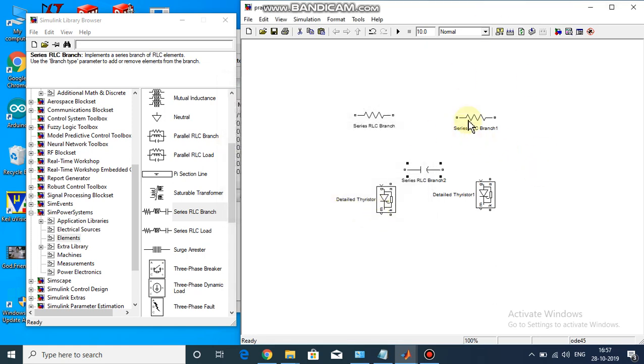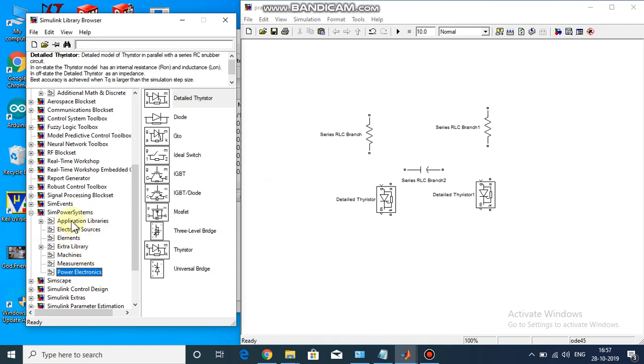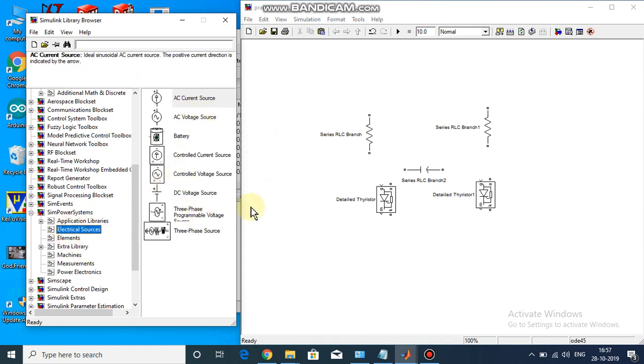Okay, and again Ctrl R, and we are done with the basic circuit elements for now. All we need is a source, so we'll go for electrical sources. Remember that if you do not find any component, just search for it directly in the search tab. You'll just get it.